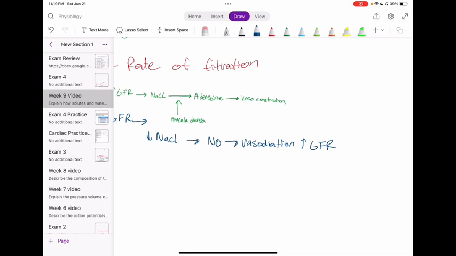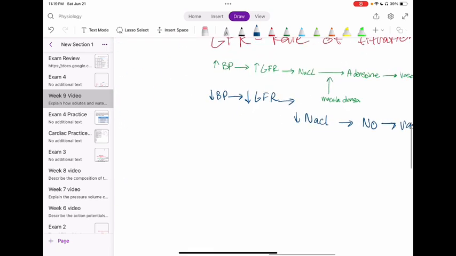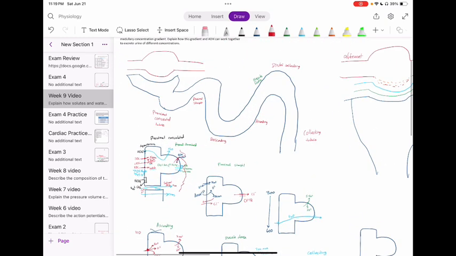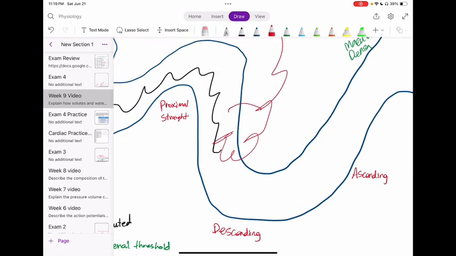Okay, and with this we have something we call clearance. So the equation for clearance is U of X times volume over P of X. So the volume in the blood, the urine concentration, and the plasma concentration. Our problem with this equation is that as something goes through the kidney, this blood runs all the way through here, something can be absorbed and resecreted.